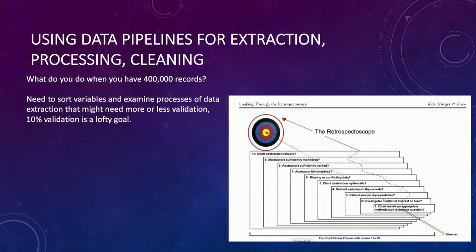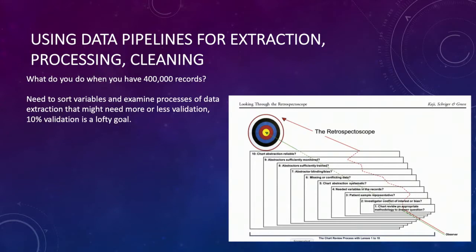They make recommendations such as standardized chart abstraction, but 10% of 400,000 records is going to leave you with too many rows to reasonably go and clean. Similarly with variables, we can transform our electronic health record data to represent thousands of columns, which are variables or features, and it's just not possible to keep up with the volume and velocity of data.